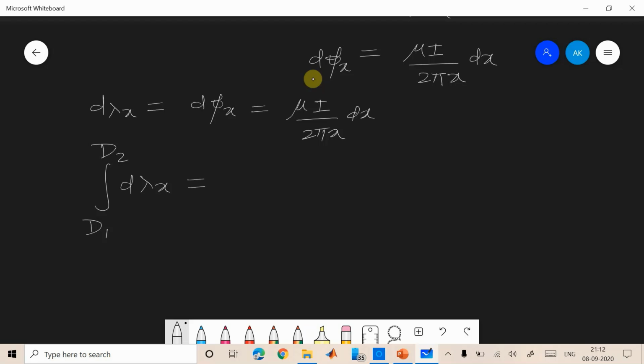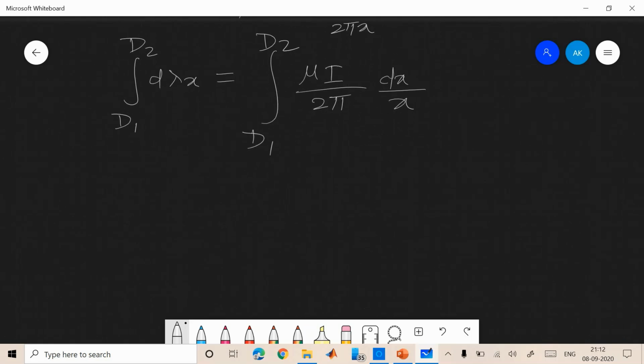Okay. So you will get mu I over 2 pi, dx over x, D1 to D2. Okay. So this will be your lambda D1 D2.